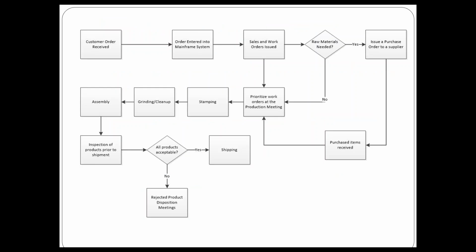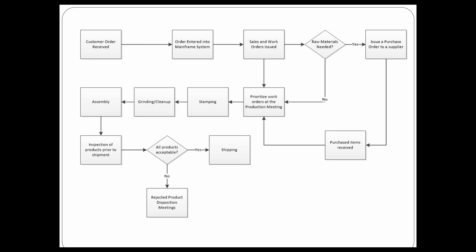Okay, so here we have the raw IOP, and we can see that there are 12 boxes, which we would presume indicate processes, and there are 2 decision diamonds.